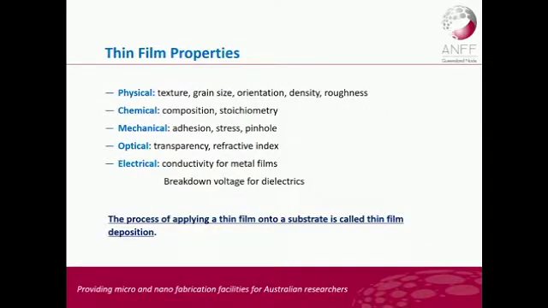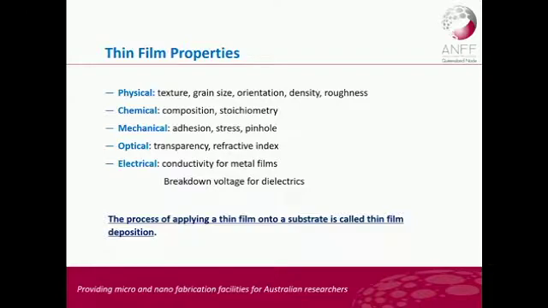So when we deposit thin film, we need to know some properties of the thin film. In summary, there are some basic properties. The first one is physical properties, including texture, grain size, all this is physical structure property.